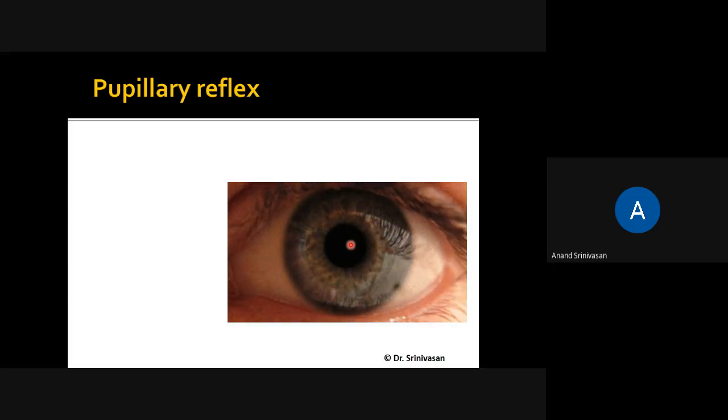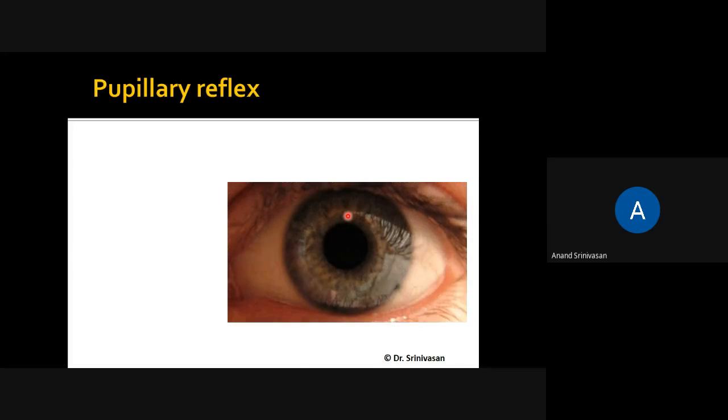When a person is in a dark room, where the light is not much, the pupil is actually big. In the dark room or at night, or when the lights are dim, the pupil is large. Why? Because more image has to fall on the retina so that the person can understand where he is and what things he can see.